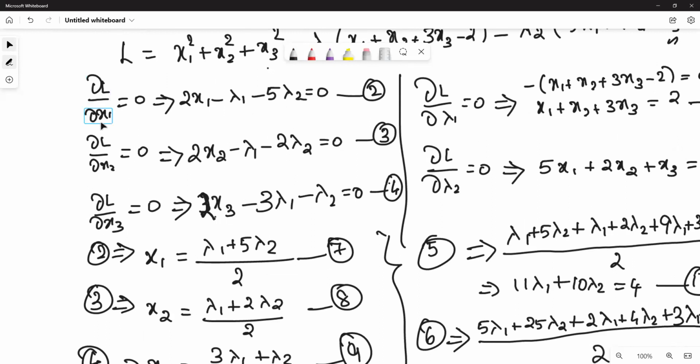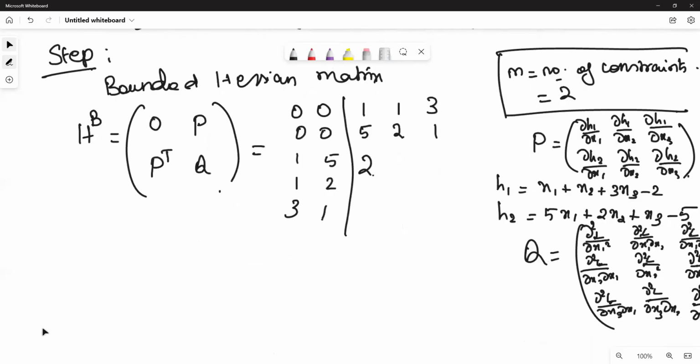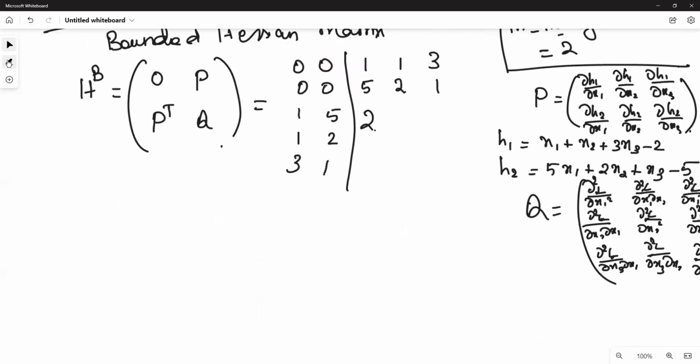So dou square L by dou x1 square, differentiating with respect to x1, is 2. Dou square L by dou x1 dou x2 is differentiating dou L by dou x2 with respect to x1. There is no x1 there, so it becomes 0. Like that, we have to find the second derivatives from the first derivatives we have already found. Okay, let us find them one by one.